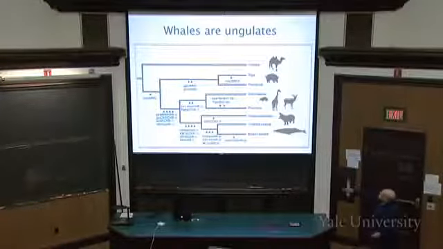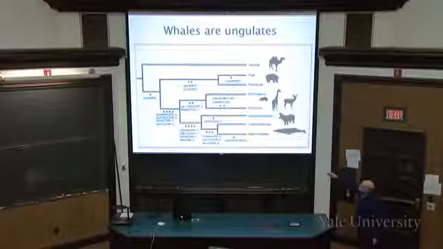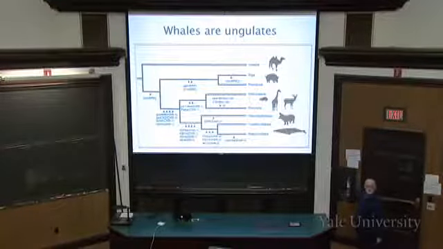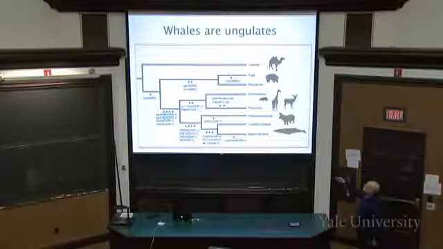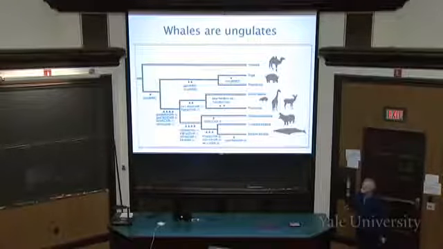This is a chunk of the tree of life that shows you the radiation of the ungulates, and you can see that both the toothed and the baleen whales are nested within the ungulates, and their closest relatives are the hippos. So you should think that the ancestor of the hippo went into the ocean probably about 35 million years ago.